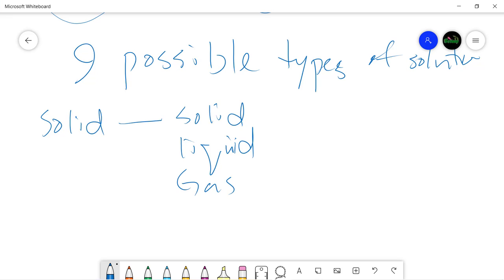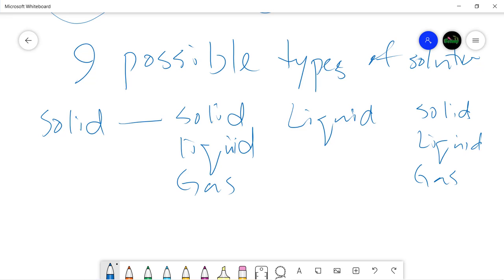And similarly, if we take liquid as a solvent, we have solid in liquid and liquid in liquid and gas in liquid. And if we take gas, for example, as a solvent, we have solid in gas and liquid in gas and gas in gas.